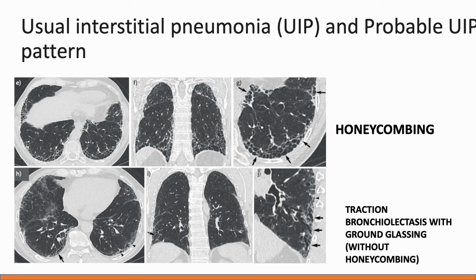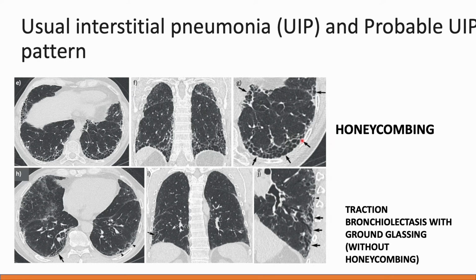Rest changes may also be visible in probable UIP pattern. Sometimes ground glassing may also be noted, which would be more in a probable UIP, if at all it exists with traction bronchiectasis and other findings, but honeycombing would make the pattern a definite UIP pattern.